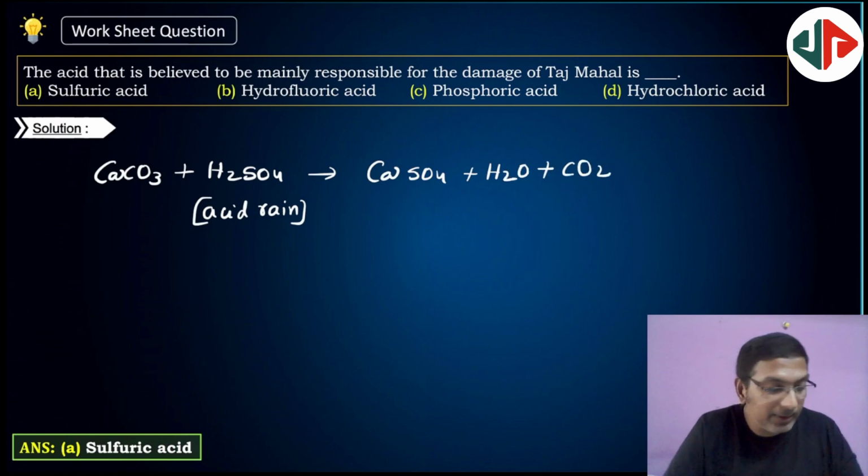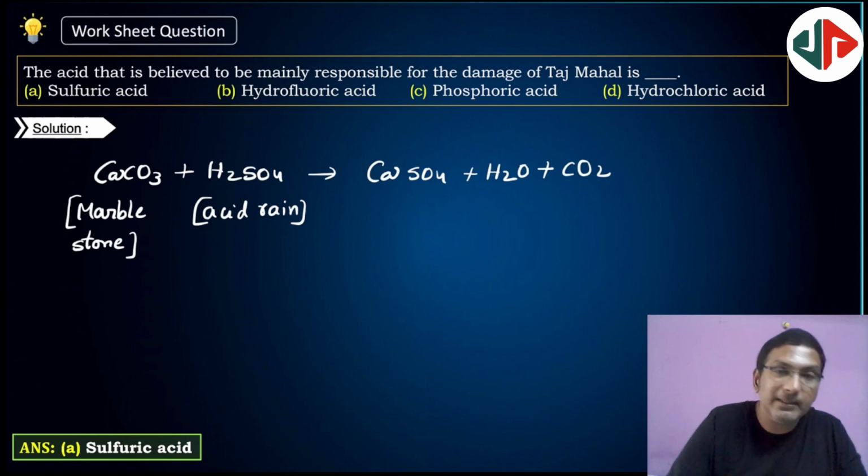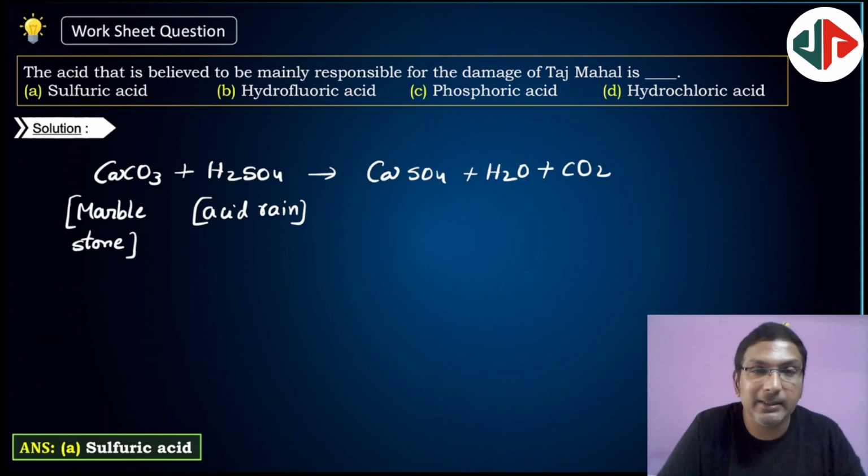So due to the formation of CaSO4, the Taj Mahal will be damaged. Acid rains contain concentrated acids like H2SO4 and HNO3.